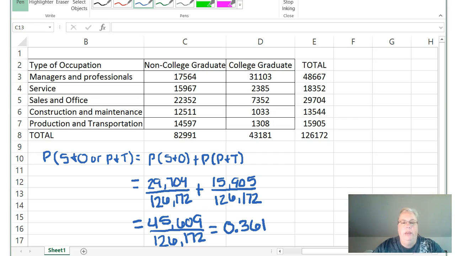And when we put that in the calculator for a decimal approximation out to 3 decimal places, we get 0.361.